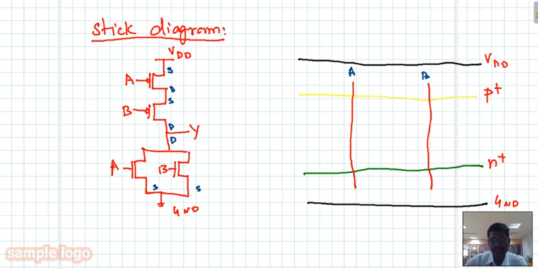Okay, we can interchange drain and source, but we have to follow these rules. From VDD, the A transistor goes like this. It is one end of this A transistor. So we are connecting here.